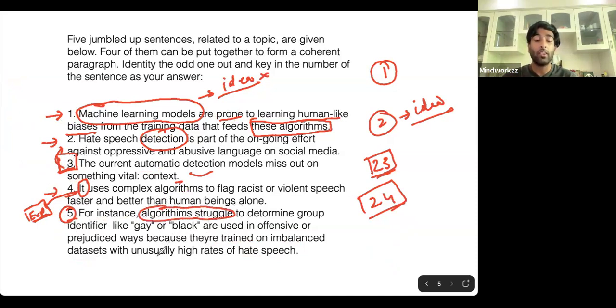Why do they struggle? They struggle because they are trained on imbalanced data sets with unusually high rates of hate speech.